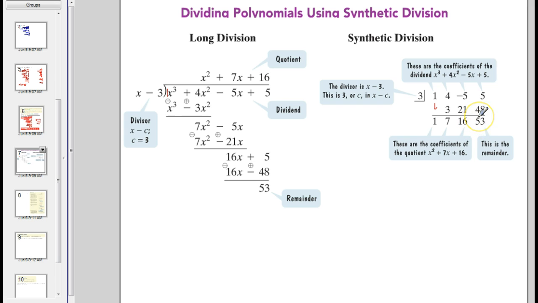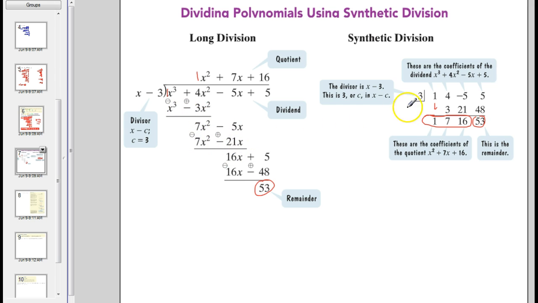So the important things are, when you do synthetic division, these right here are the coefficients of your quotient: 1, 7, 16. And this last number, the very last column, is always the remainder. But the nice thing about it is you don't have this filler in between, the subtract, the bring down, the repeated division.